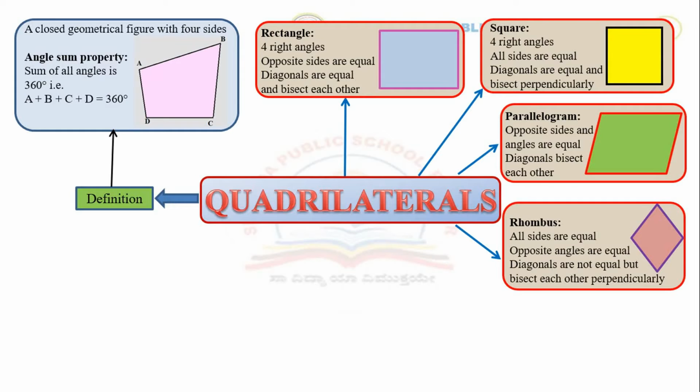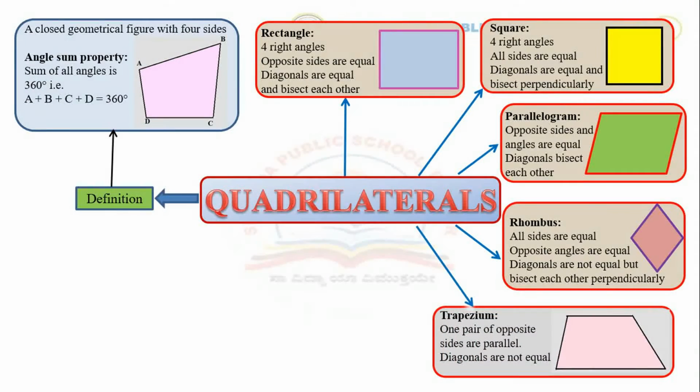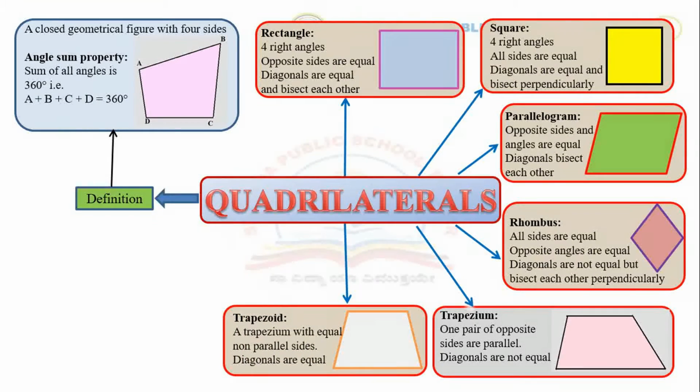Rhombus. All the sides are equal. Opposite angles are equal. The diagonals are not equal but bisect each other perpendicularly. Trapezium. One pair of opposite sides are parallel and the diagonals are not equal. Trapezoid.